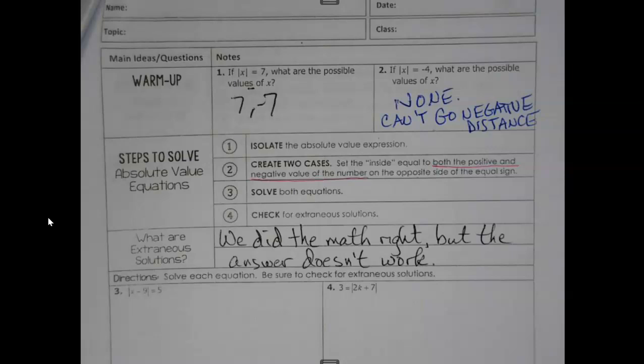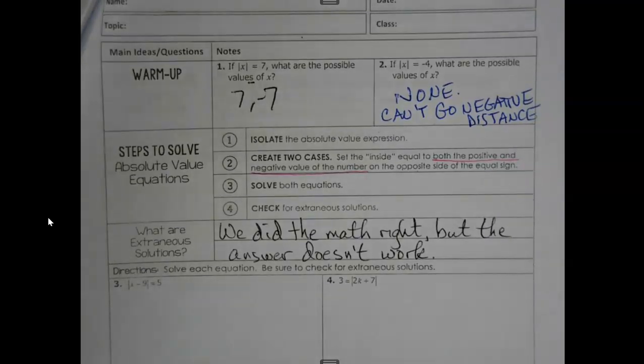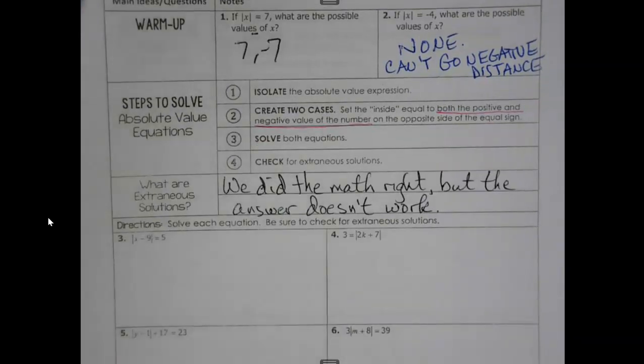Normally, if you do the right work, you get the right answer, and you're good. But here, we can do all the math right, and sometimes we may get an answer that just doesn't fit, sort of like up here with our negative there. And that's kind of the hint. Usually, it's the negative number that's going to cause a problem, but not always. So, solve the equation. Let's check, make sure we don't have some extraneous solutions.